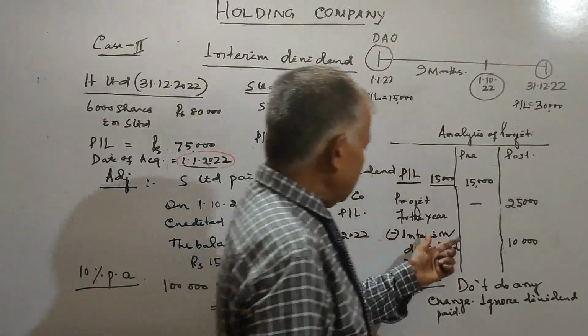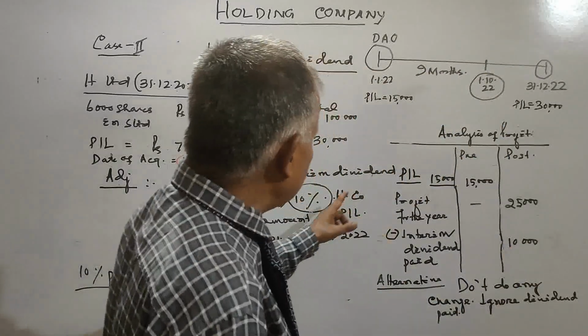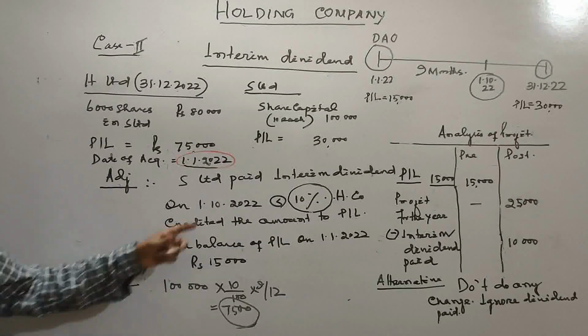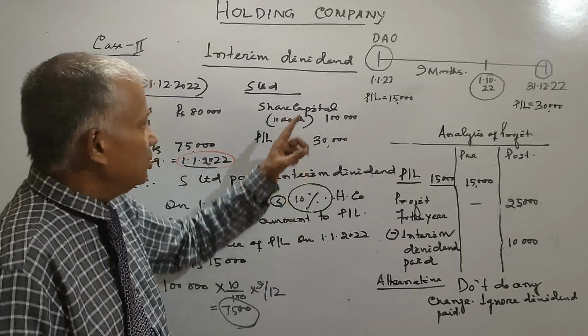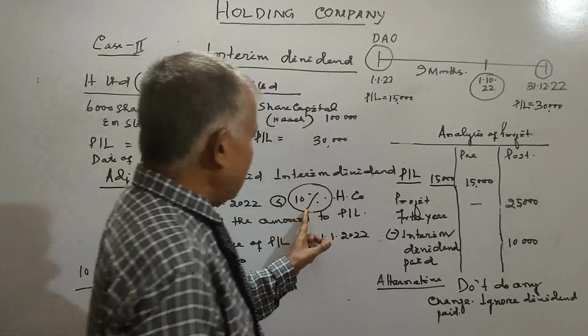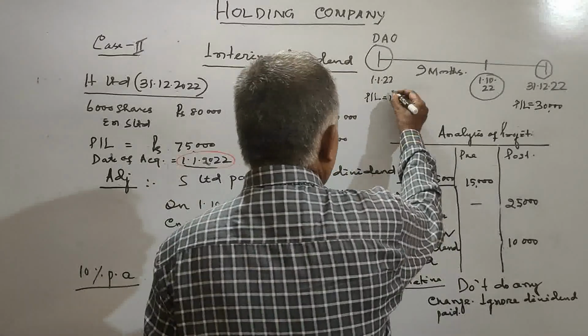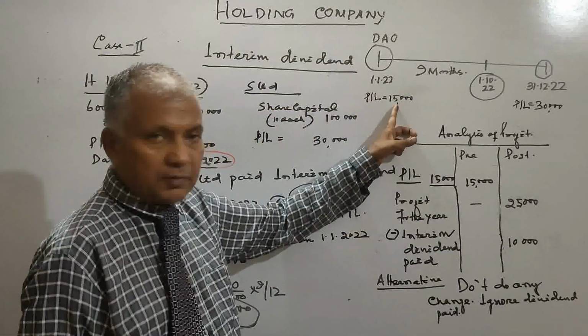So interim dividend paid would be 7,500 if it is 10% per annum. But friends, in this adjustment I have only given you 10%, so 1 lakh into 10%, it would be 10,000. So 15,000 was the profit, that is your pre-acquisition profit.